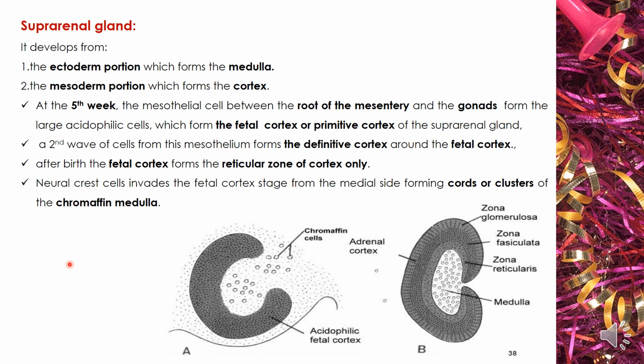At the fifth week, the mesoderm cells between the root of the mesentery and the gonads form large acidophilic cells, which form the fetal cortex, or the primitive cortex, of the suprarenal gland. A second wave of cells from this mesoderm forms the definitive cortex around the fetal cortex.